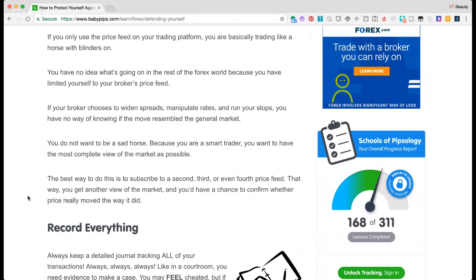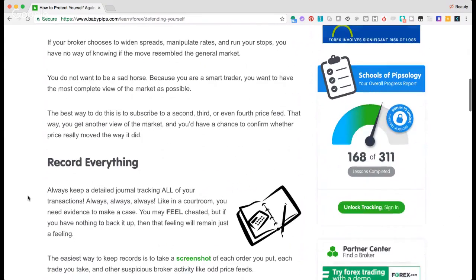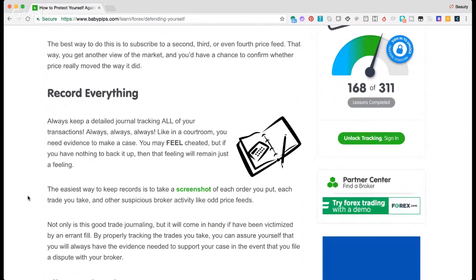The best way to do this is to subscribe to a second, third, or even fourth price feed. That way you get another view of the market and you'd have a chance to confirm whether price really moved the way it did. Record everything.